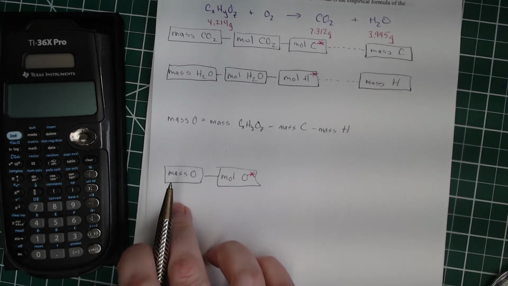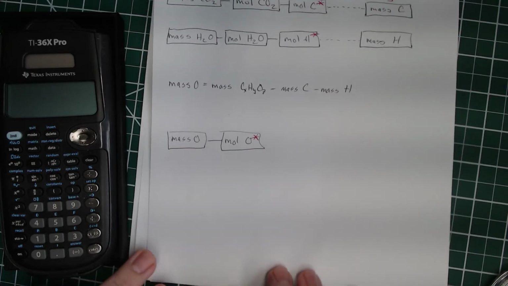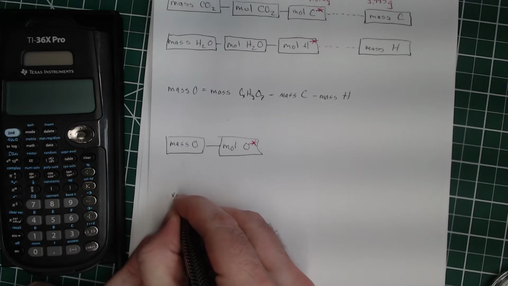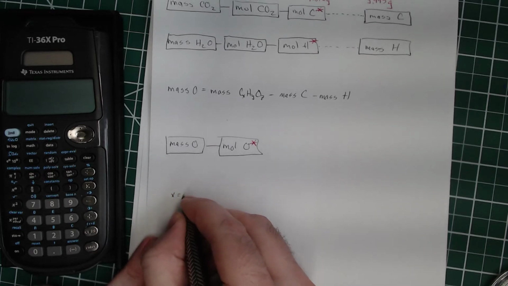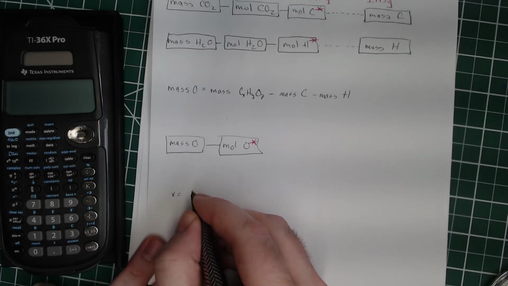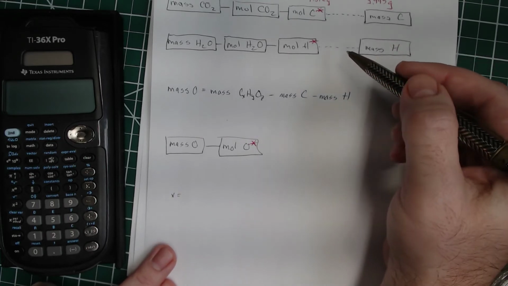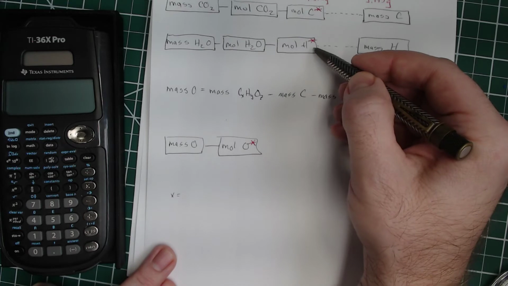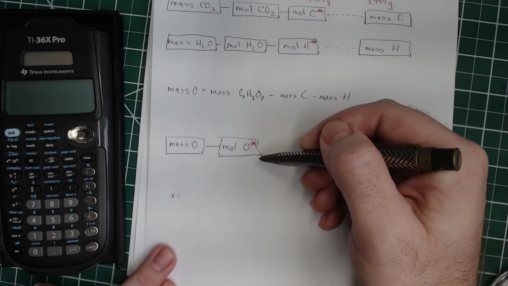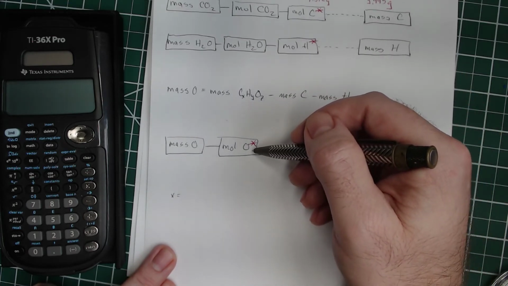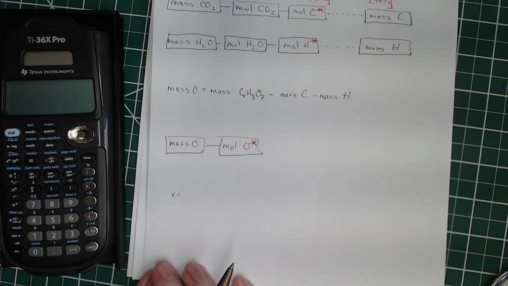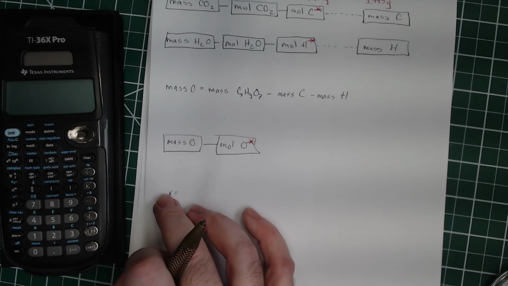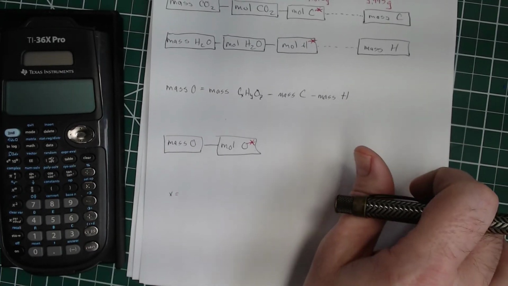So, all right, let me leave a little room for that. And then down here, our formula, so x, our subscript for x is going to be equal to, well, we'll take the moles of carbon and divide by the moles of the smallest. And then for hydrogen, we'll do the moles of hydrogen, divide by the smallest. And then for oxygen, we'll do the moles of oxygen and divide by the smallest. So we'll do that particular calculation down here. And then once we have that, we'll get our empirical formula.